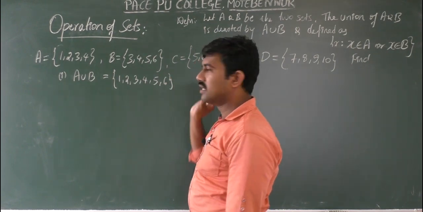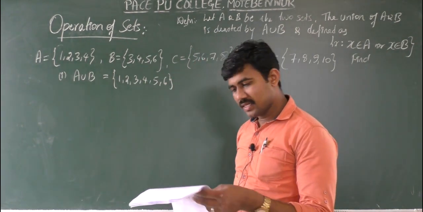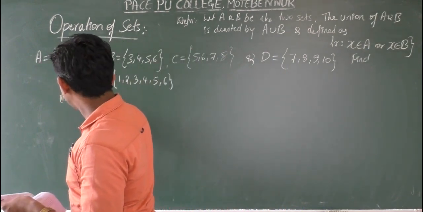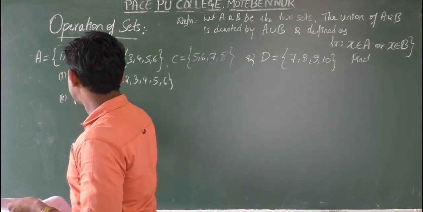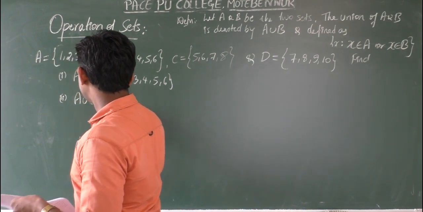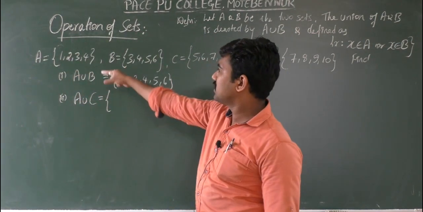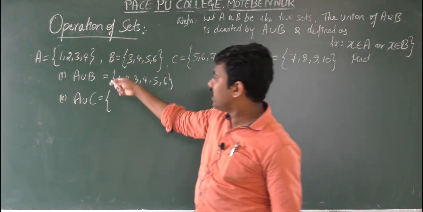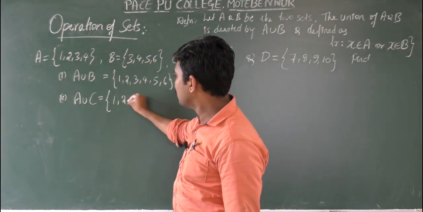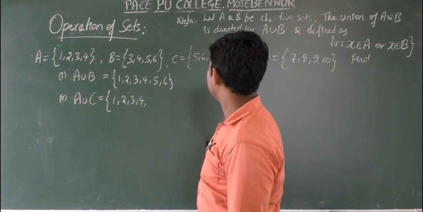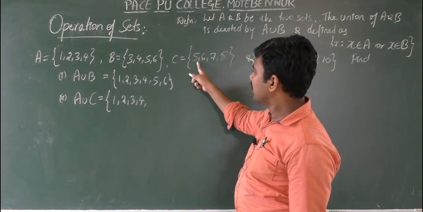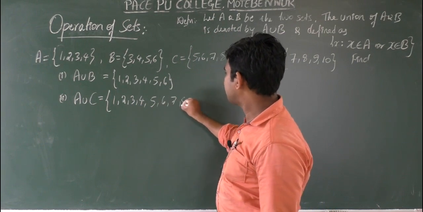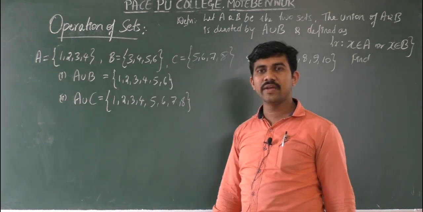This is nothing but A union B. Similarly, next, the second question they ask here is A union C. So what is A union C? Now look at the set A and the set C. Collect the elements of A, that is 1, 2, 3, 4. Collect the elements of C, 5, 6, 7, 8. So it's clear, this is A union C.